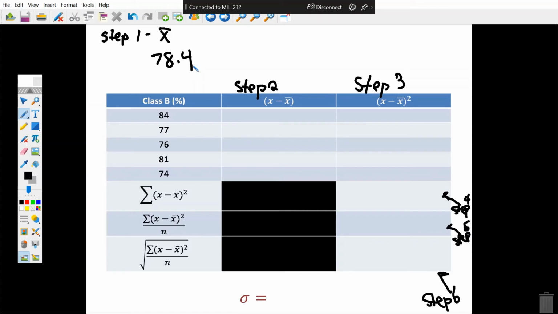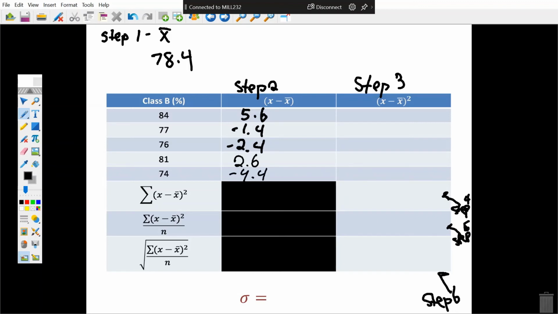Now I got to go 84 minus 78.4 is 5.6. 77 minus 78.4 is negative 1.4. 76 minus 78.4 is negative 2.4. 81 minus 78.4 is 2.6. 74 minus 78.4 is negative 4.4.